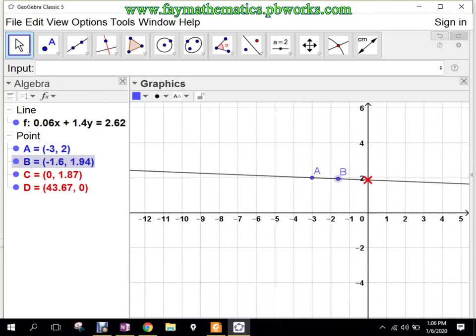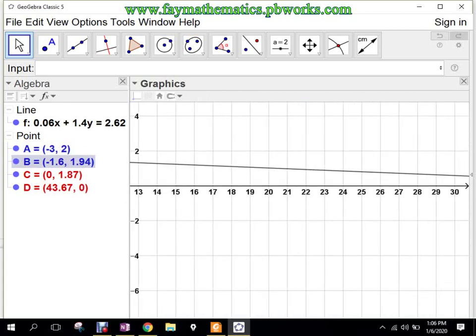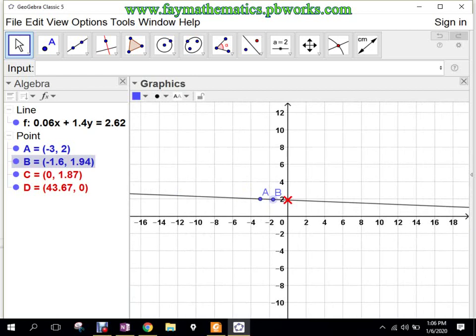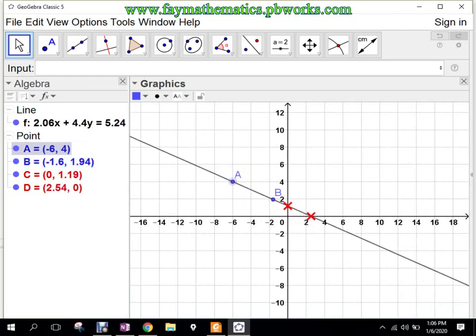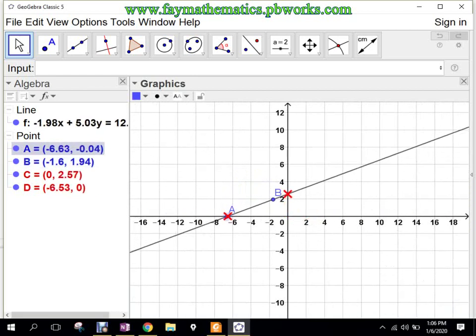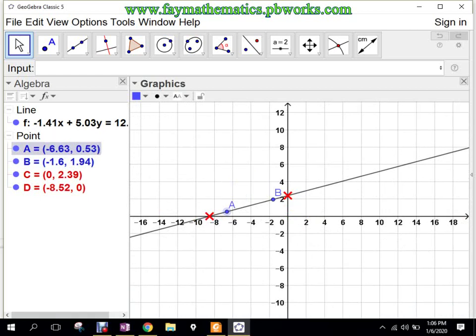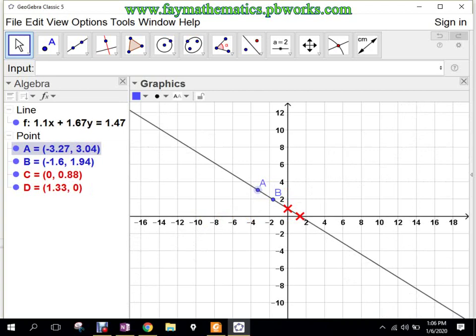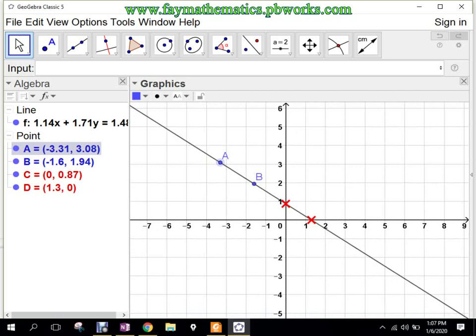Now, it looks like maybe one of them disappeared, but if I scroll over far enough, it shows up. So no matter what, as long as my line is non-vertical and non-horizontal, I'm always going to have one x-intercept and one y-intercept. That's one of those common characteristics that makes that line similar to maybe that line. They're all going to have one x-intercept, one y-intercept.